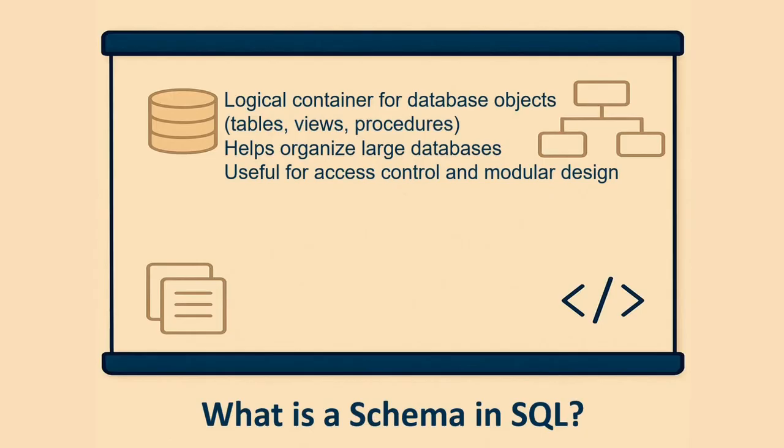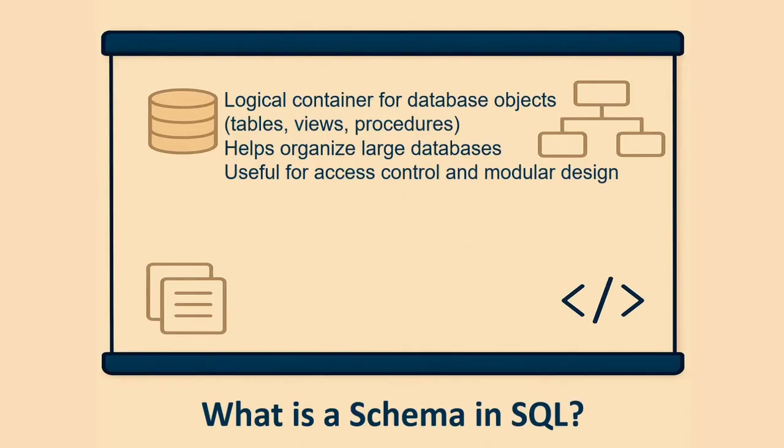First, let me remind you about the schema. If you remember, maybe 2 sessions ago, I presented the meaning of schema, and I said it's like a logical container for database objects: tables, views, and procedures. It helps organize large databases, and is useful for access control and modular design.